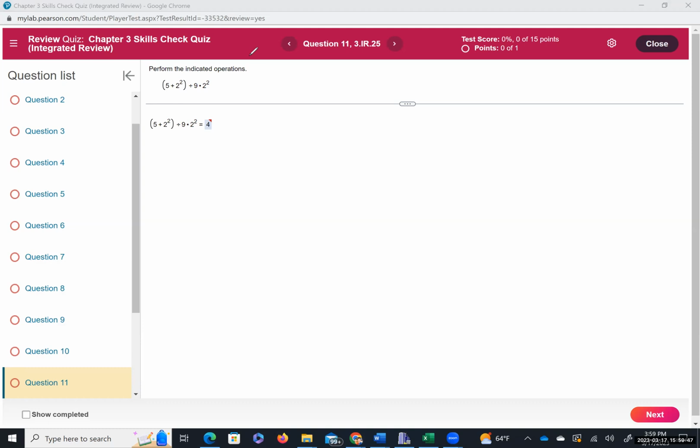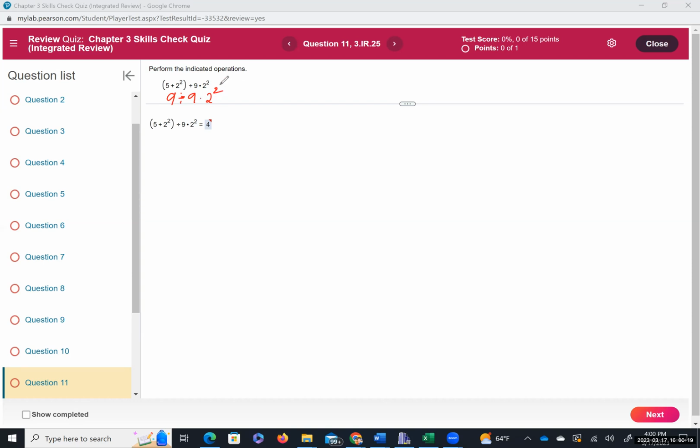All right. So this is a good question with PEMDAS. Okay, so you must start with parentheses. So let's have 5 plus 2 squared, which is 4. So 9 here, and it is divided by 9 and 2 squared, right? Now, say PEMDAS.